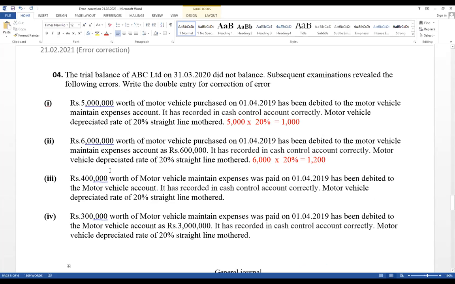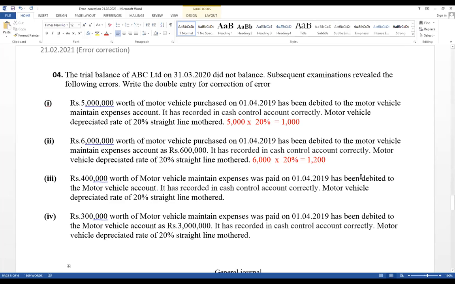Expense recorded as asset. Think about it having been recorded in the cash control account correctly: cash account credit, maintenance expense account debit. But it has been debited to the motor vehicle asset account. Principal error, value equal, therefore it does not affect the suspense account.